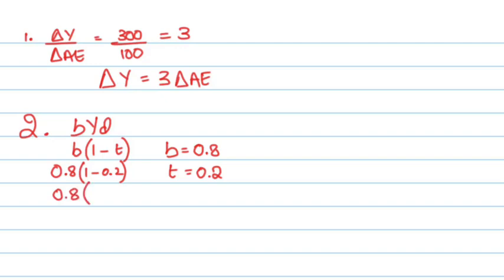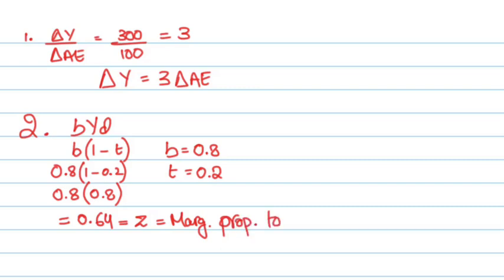So this means that, let's say if this is 0.8, 1 minus 0.2, 0.8 of 0.8, right? So 0.8 is the disposable income per dollar, let's say. So the marginal propensity to consume will be applied to this 0.8, the leftover income that they have after paying off the taxes. So this will be 0.64, and this is denoted by Z, which means the marginal propensity to spend.